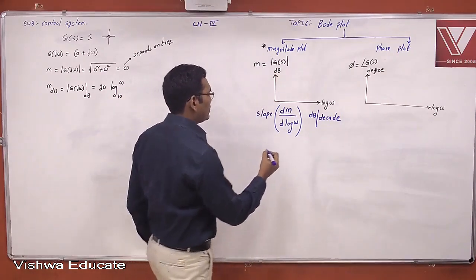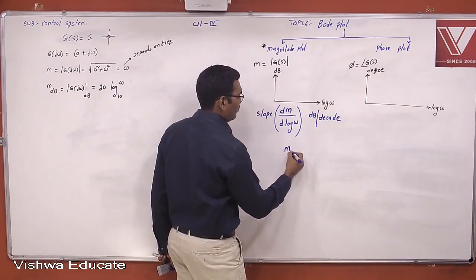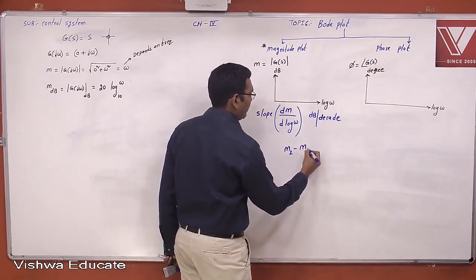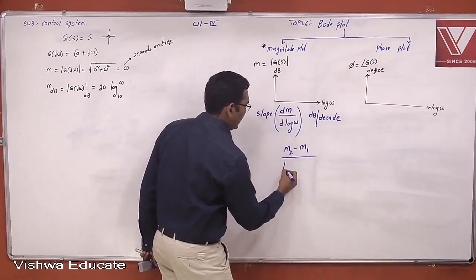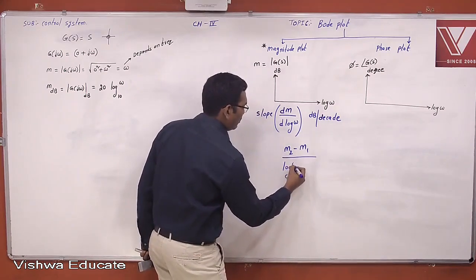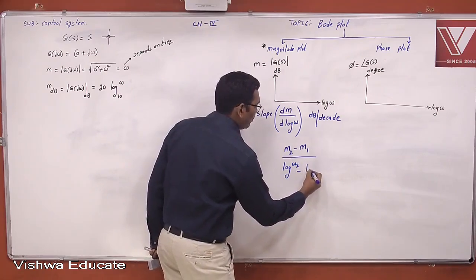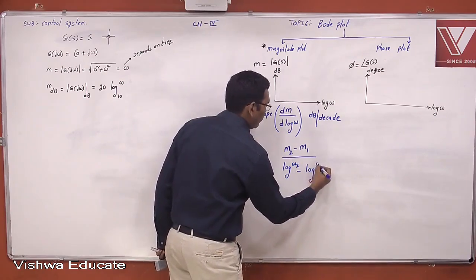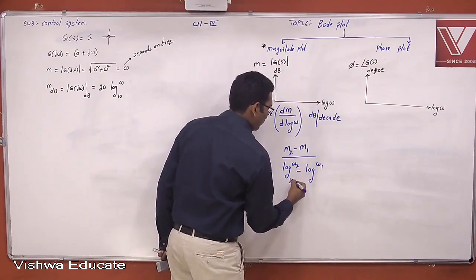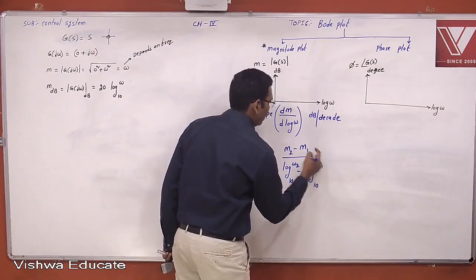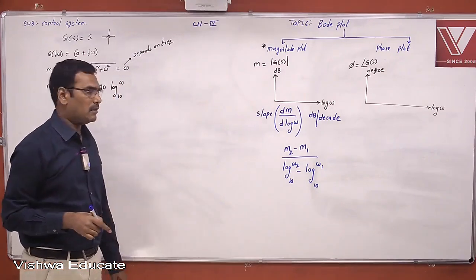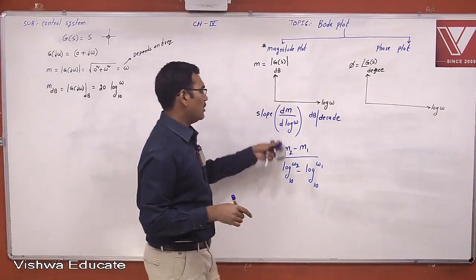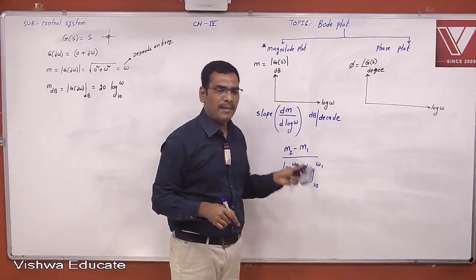Therefore, this is M2 minus M1, change in y-axis, by change in x-axis, log omega 2 minus log omega 1. So frequency is changing by a factor of 10. So change in y-axis by change in x-axis is called slope. Now this is the slope of the Bode magnitude plot.